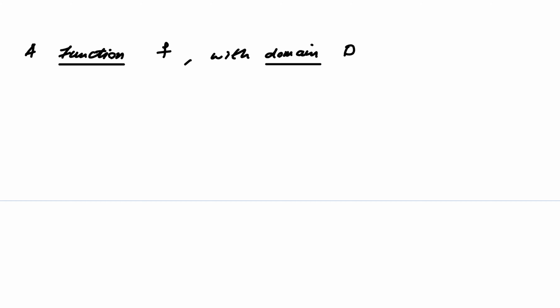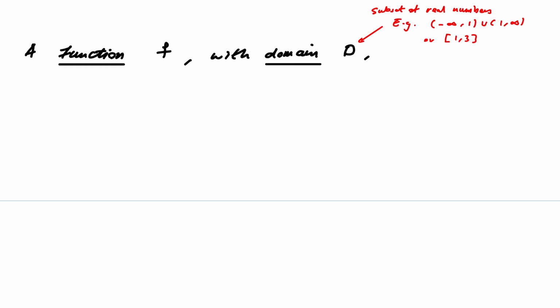With domain D, this is a subset of the real numbers. So in the above examples, the domain is going to be this is the first one, this is the second one. So essentially the domain is going to be the allowable inputs. But let me not get ahead of myself.